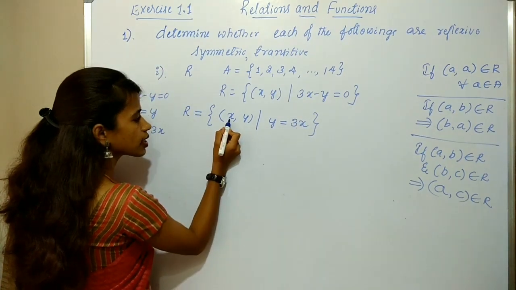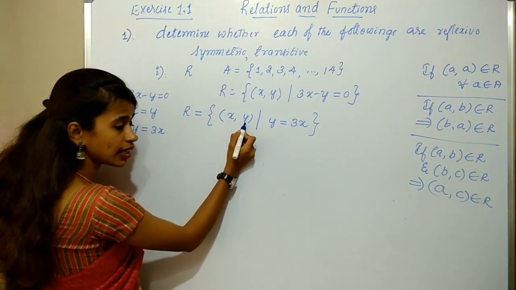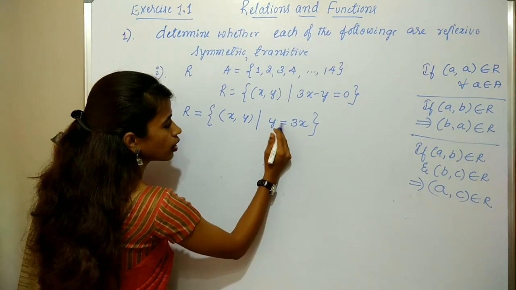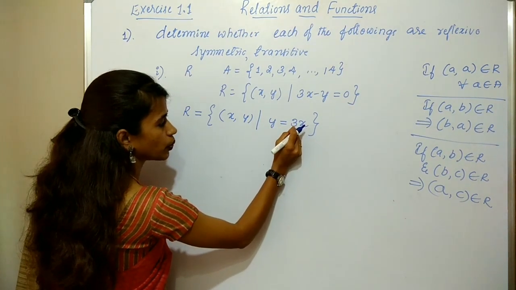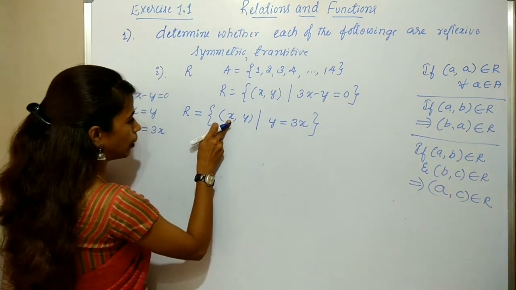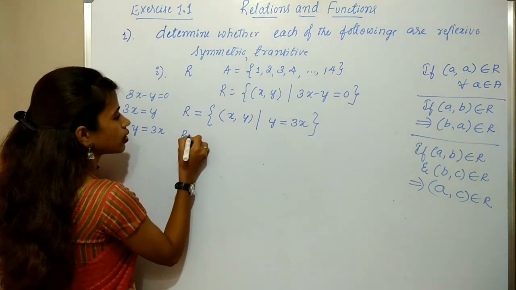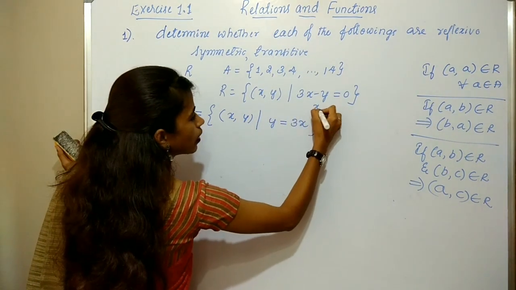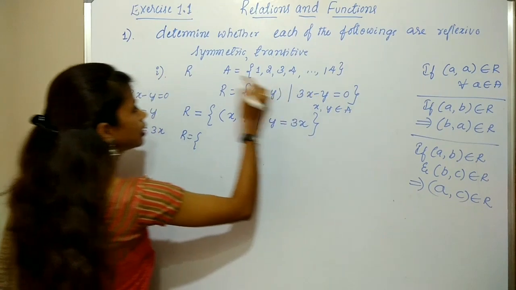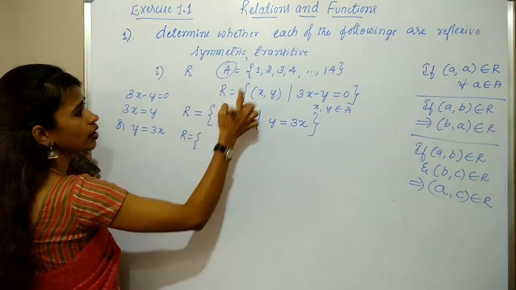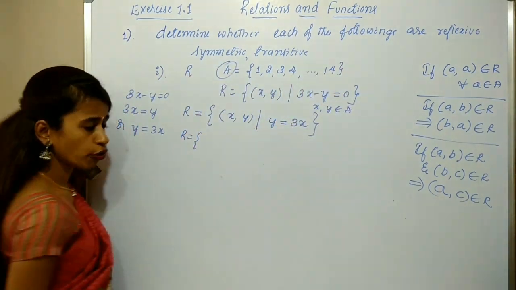It means the first element is related to the second element by multiplying the first element by 3. Here x and y belong to the set A. What is A? 1, 2, 3, 4 up to 14.